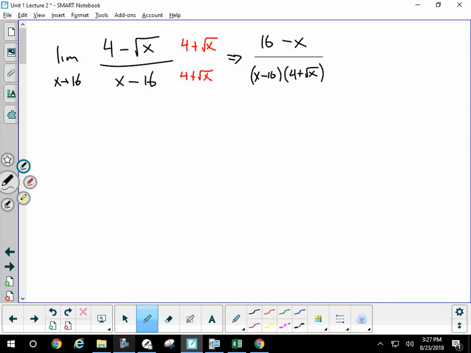Can I cancel 16 minus x with x minus 16? No, not as it stands. But if I factor out a negative 1, then all of a sudden we'll have negative 16 plus x, which is the same as x minus 16.